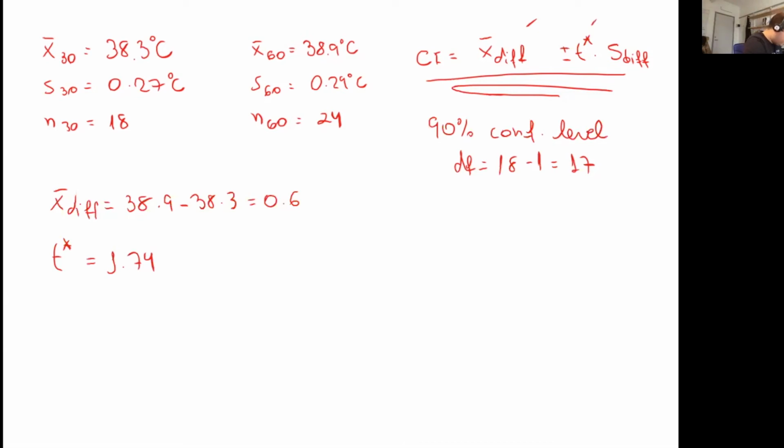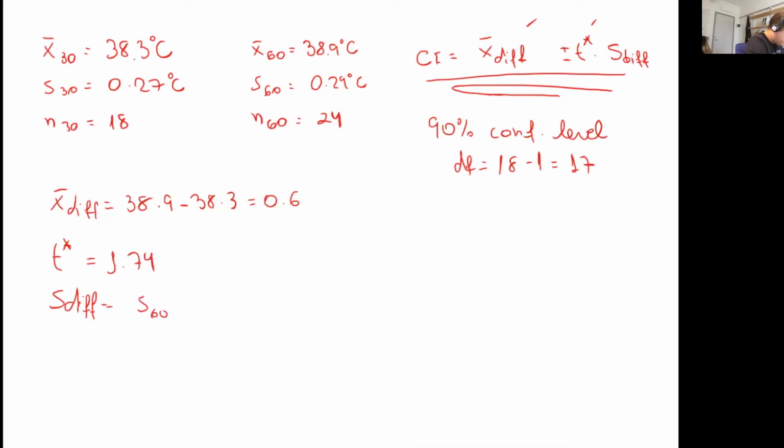And now I need the standard deviation, or the standard error, sorry, of this difference of the means. And then again, I'm going to go back to my slides and look at the formula. I'm just going to follow the same sequence here.